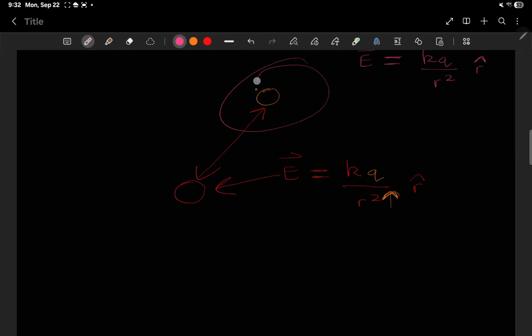So that's kind of the idea with the electric field here between the two charges. If they're infinitely far away from each other, then they won't be able to influence each other. They wouldn't be able to pull each other, nor would they be able to repel each other.